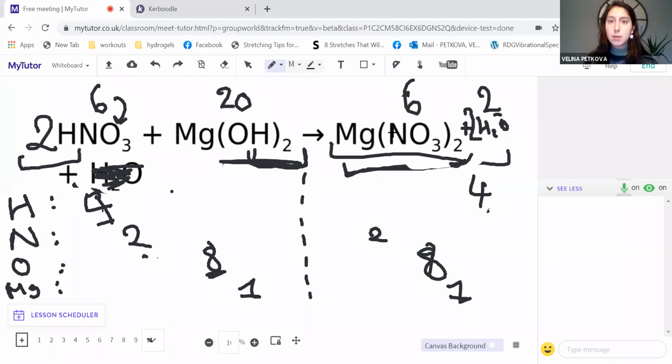So that's where the 6 comes from. And then we get to 8 oxygens, because to balance our hydrogens, we add a 2 in front of the water. So 2 times 1 oxygen gives us 2 oxygens. Okay.